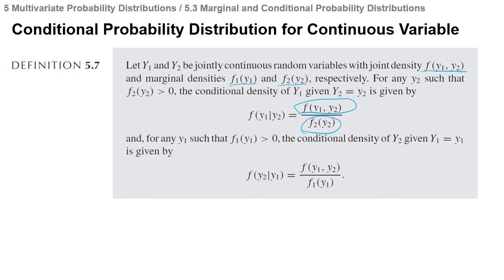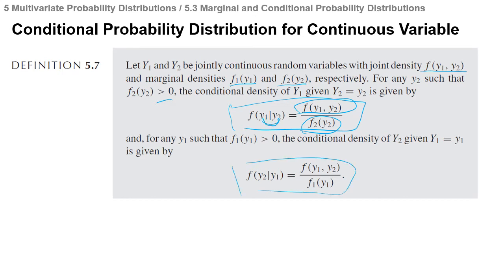For any y2 such that f2(y2) is greater than 0, the conditional density of Y1 given Y2 equals small y2 is given by this. And you can change the order of y1 and y2, which gives this.